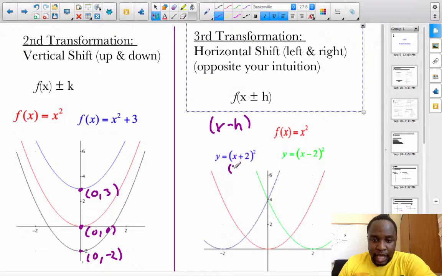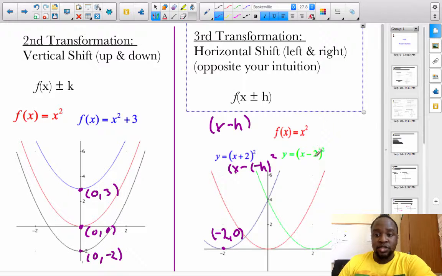So this is kind of like x minus negative 2, squared. The vertex is at negative 2, 0. Whereas for x minus 2, quantity squared, the point is at 2, 0. It's shifting to the right 2.